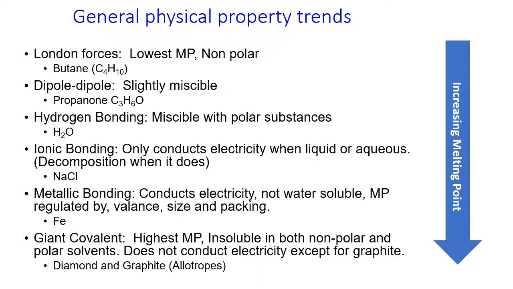And the melting point's regulated by the valence of the metal, the size of the metallic atom, and also the packing of these atoms. And finally, we have giant covalent, which has the highest melting point of the bonding that we've looked at. It's insoluble both in non-polar and polar solvents, and does not conduct electricity except for graphite, of course, due to its free electrons. So examples of that are diamond and graphite.